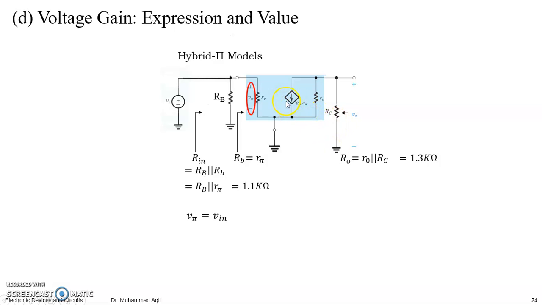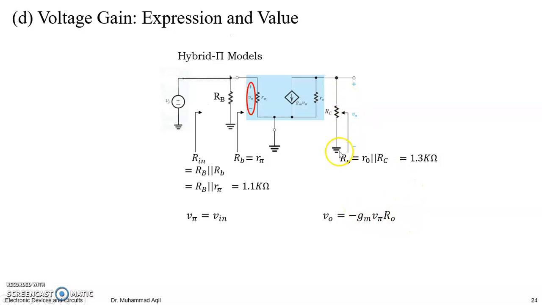You can see this current is coming from where? From here, and from the combination of these two resistances, right? So it's actually coming from the ground, from the parallel combination of these two resistances, and then passing by here into the transistor, right? So it means your V out is equal to this current Gm V pi times R naught, the total output resistance, right? Gm V pi times R naught.